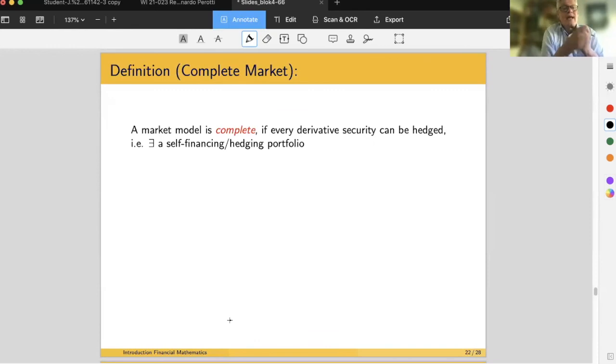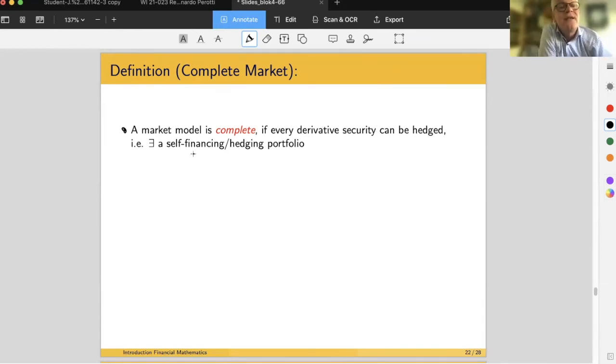I would also like to conclude today with the notion of complete markets. A market model is said to be complete if every derivative security, so if every option or every financial contract, derivative security stands for option contract, for example, can be hedged.